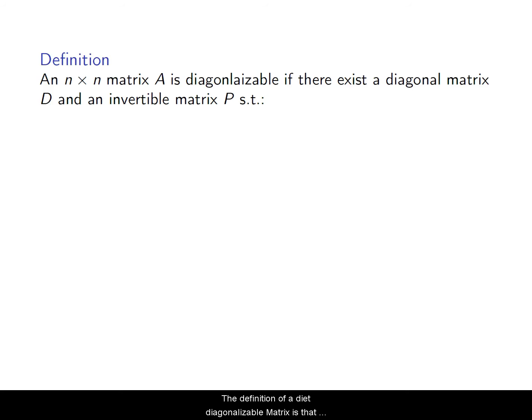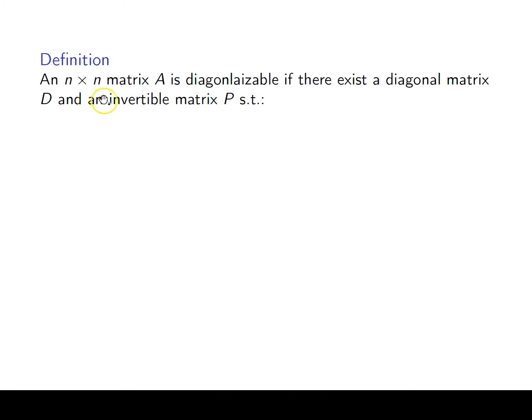The definition of a diagonalizable matrix is that we have a square matrix A, n by n, and it is diagonalizable if we have a diagonal matrix D, coming from A, and another matrix P that is invertible.